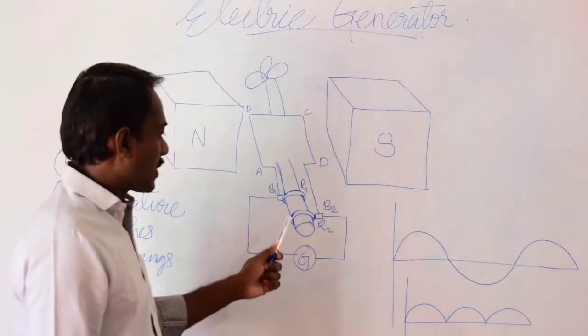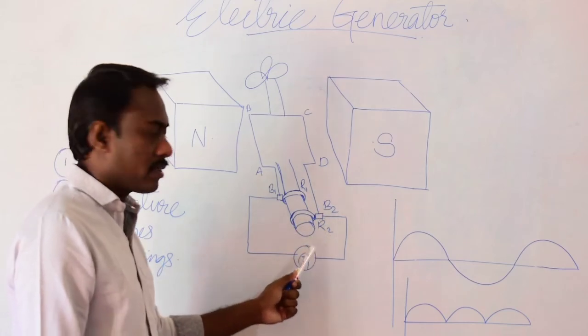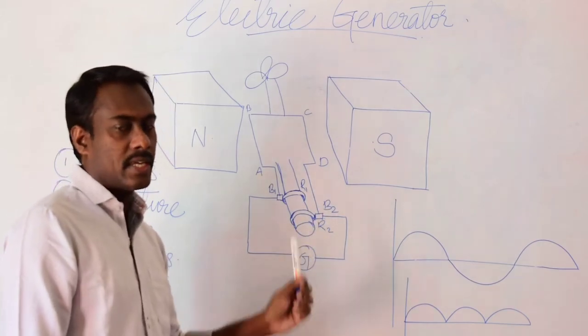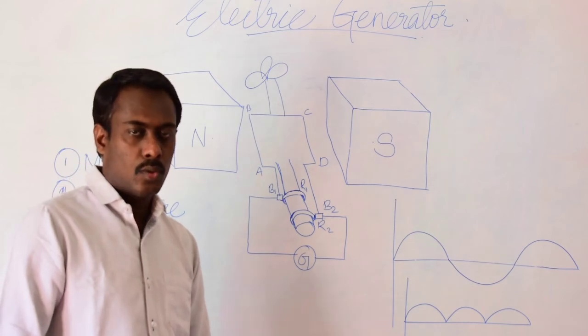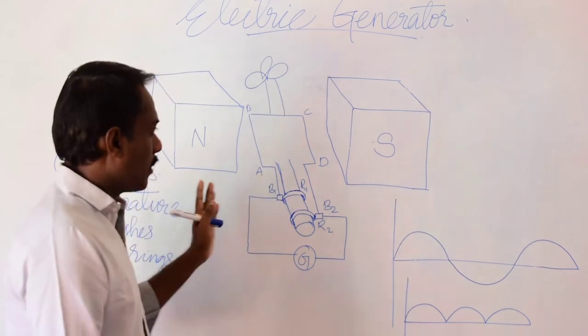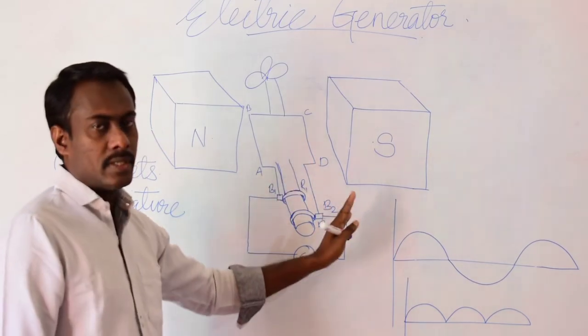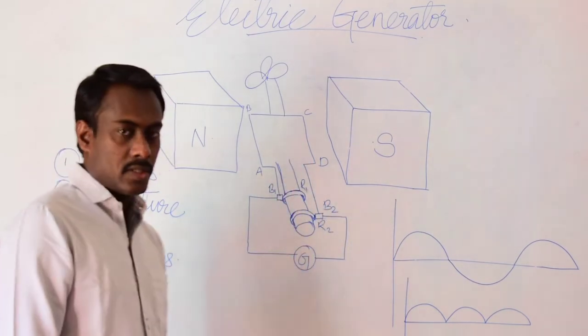And the direction of electric current induced in this electric generator, AC or DC generator, can be detected by using Fleming's right hand rule. We learned Fleming's right hand rule yesterday. By using that, we can find out the direction of the electric current induced in the circuit.